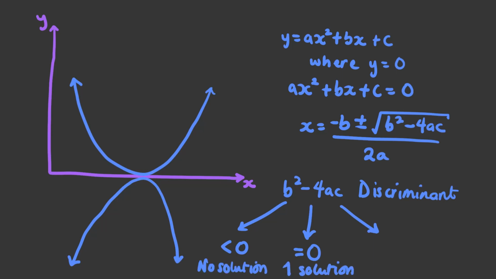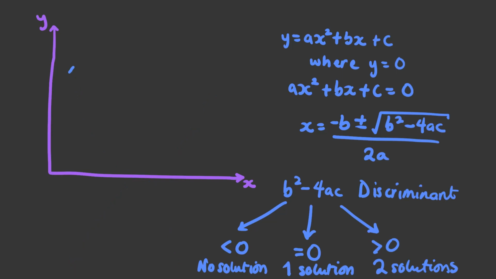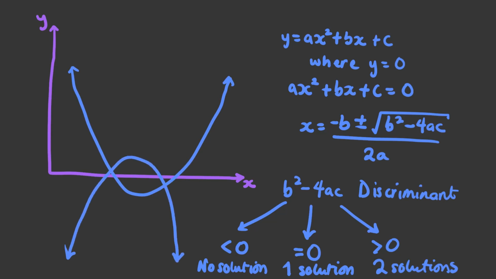Finally, where our discriminant is greater than 0, we have two solutions for x. Our parabola will be shown as either these right here or these right here, where the above parabola has two solutions and the below parabola also has two solutions.